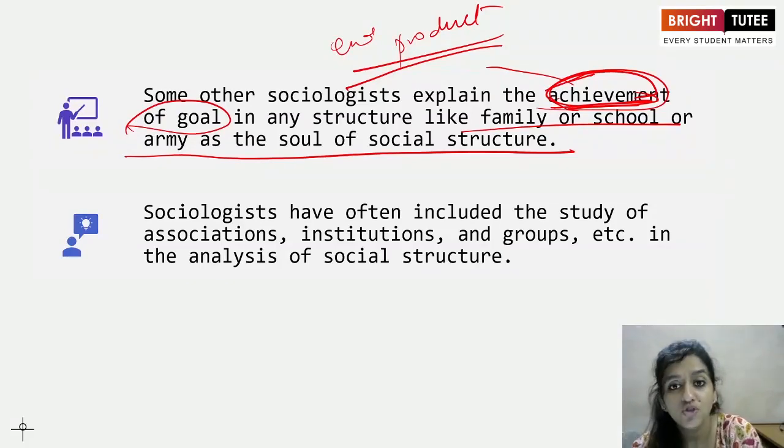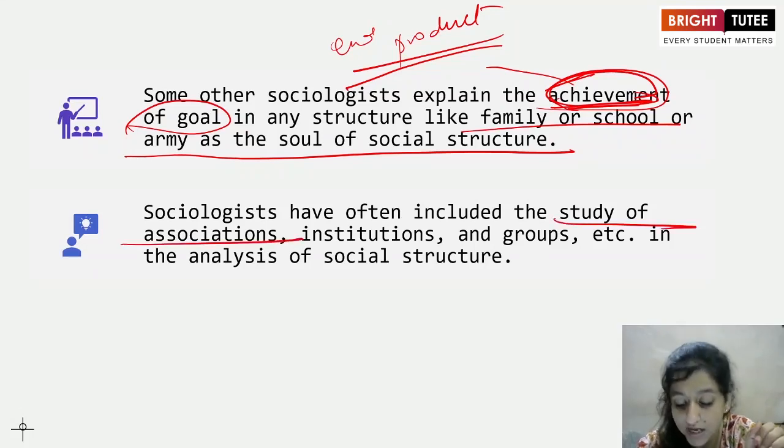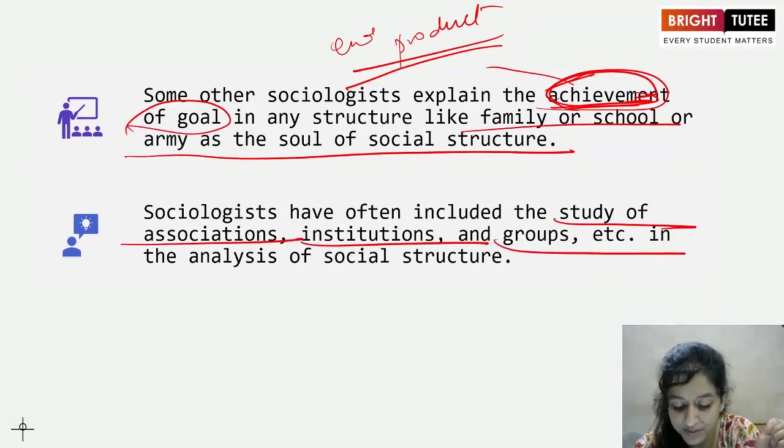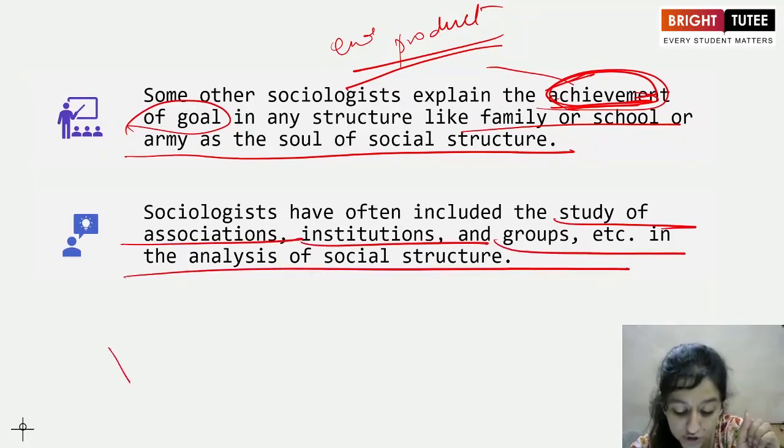Also, sociologists have often included the study of associations, institutions and groups, etc., in the analysis of social structure.